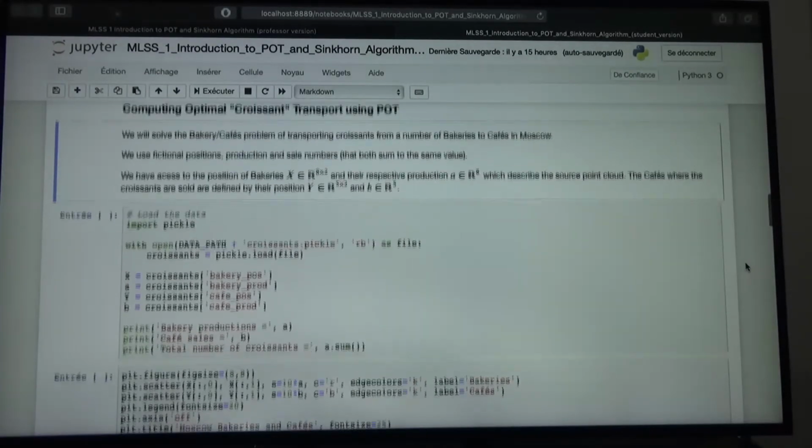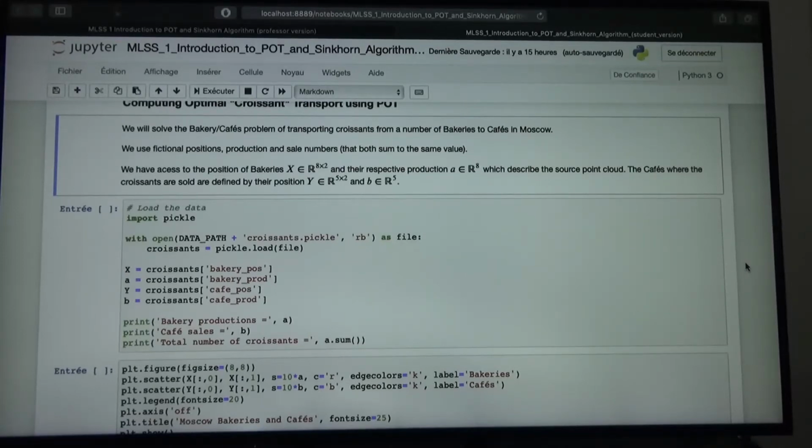So we're going to use some data, and Marco used this analogy of the baguette and the restaurants in Paris. Here I propose that we use rather café and croissant. So you have some cafés that need some croissants to sell, so they have a demand that we know, and you have some bakeries actually producing the croissants.